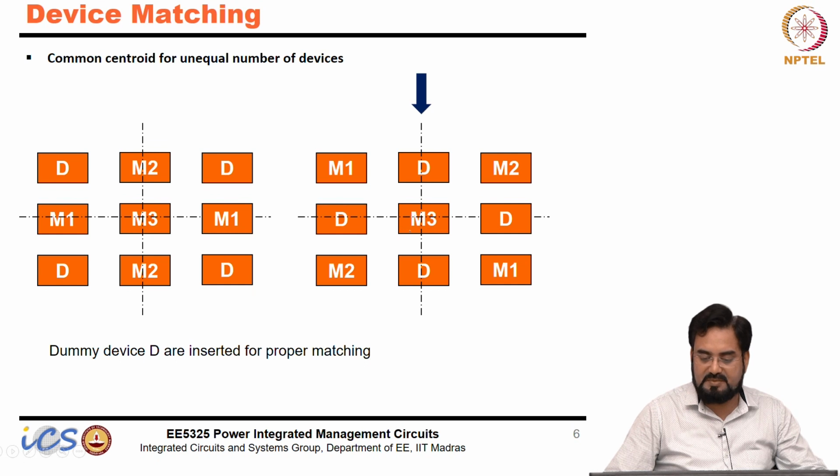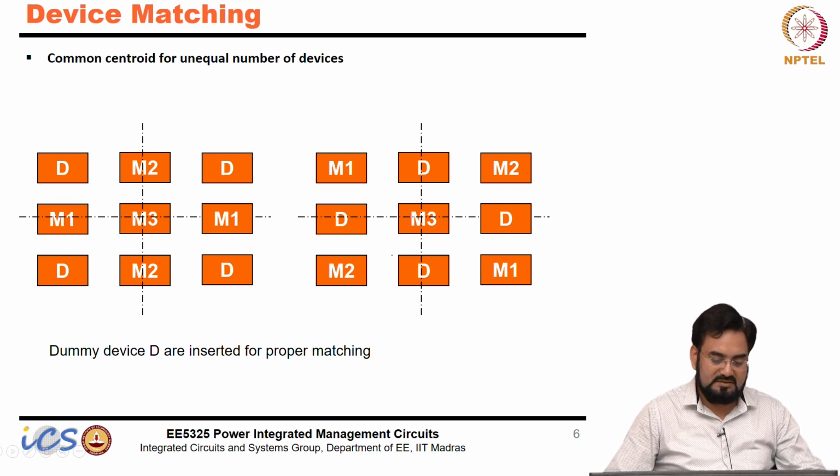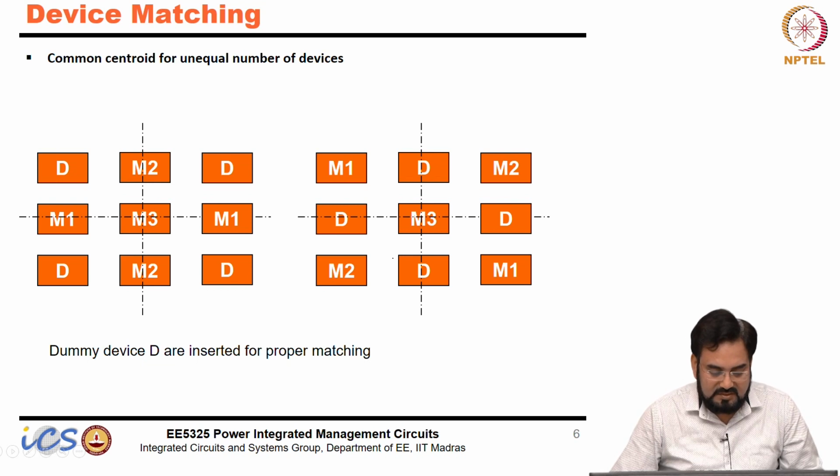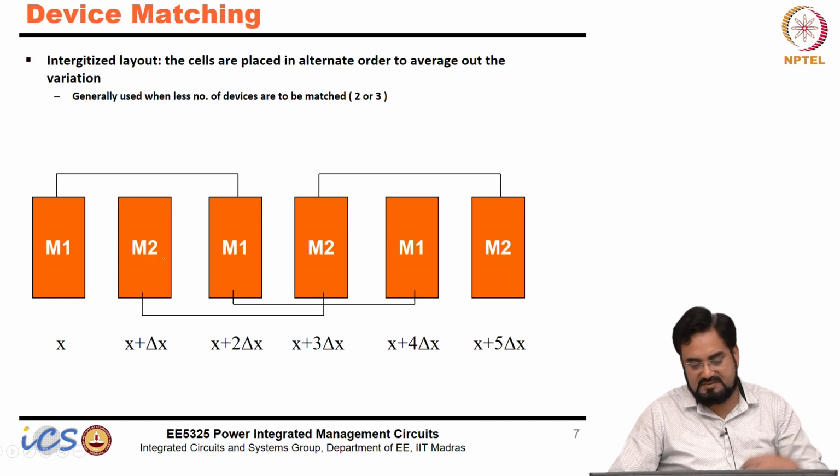So another option would be this: if you draw a diagonal from M2 to M2, M1 to M2, M1 to M1, it will again cross at the center. And if you have any holes here, we try to make it uniform and put dummy devices. Dummy devices means an exact copy of the same device, but not connected to any signal. That's why we call them dummy.